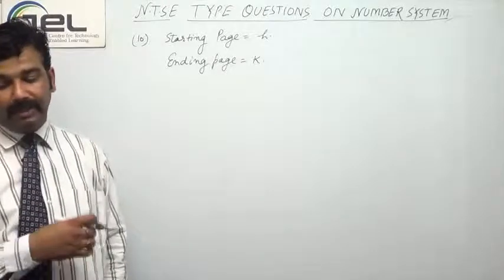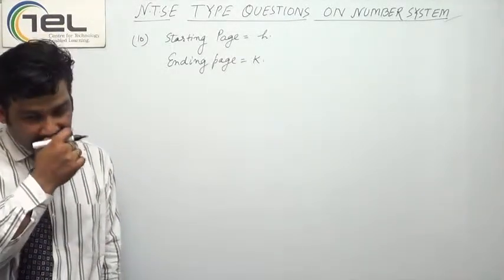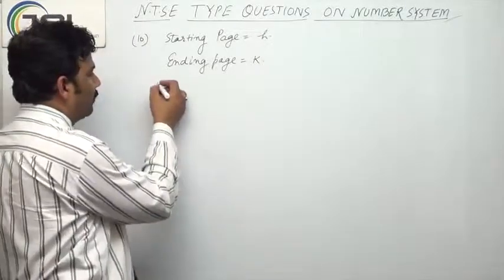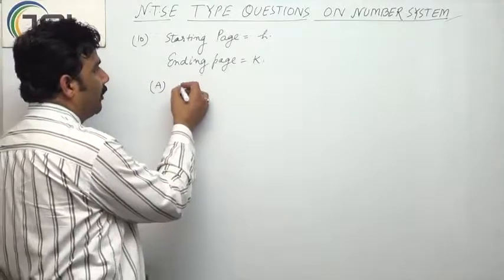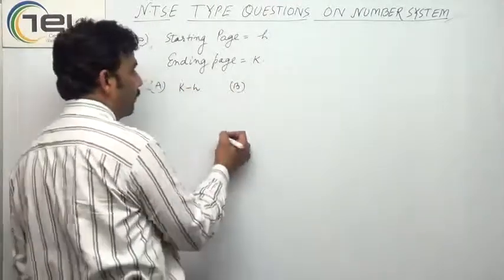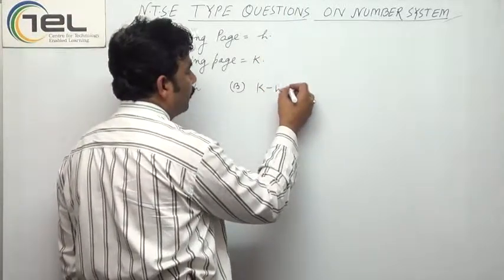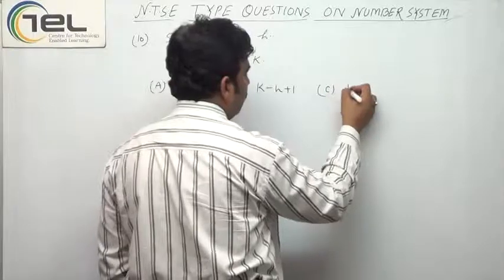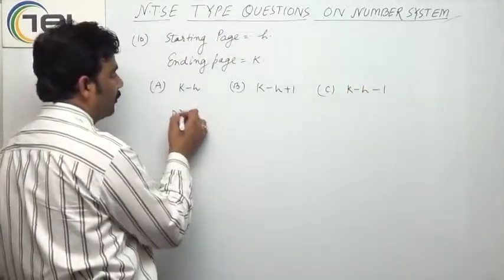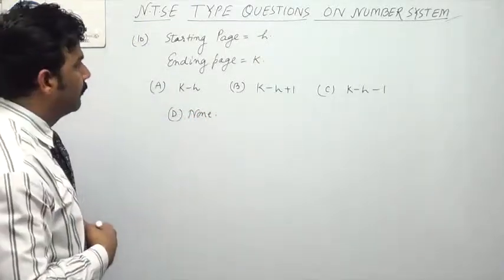If you read each page completely and the pages are numbered and read consecutively, then how many pages have you read? The options: A, K minus H. B, K minus H plus 1. C, K minus H minus 1. And D, none. What is the perfect answer?